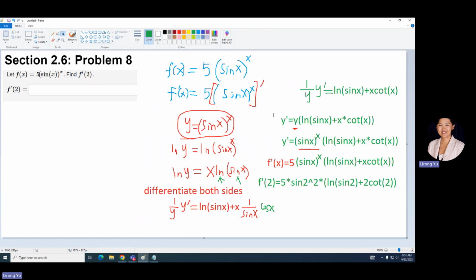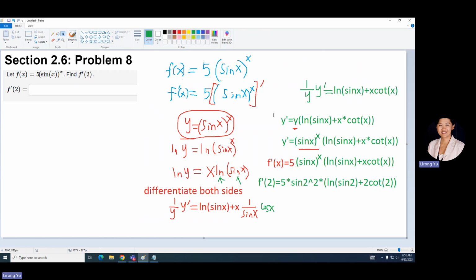So 1 over tangent 2. Okay. Any other questions? Yes.